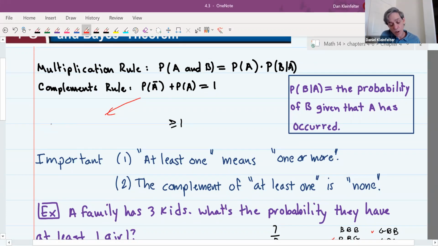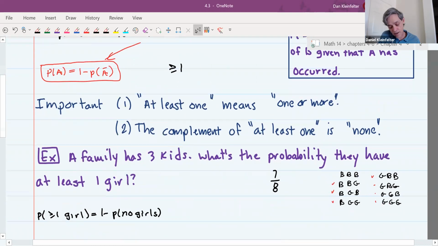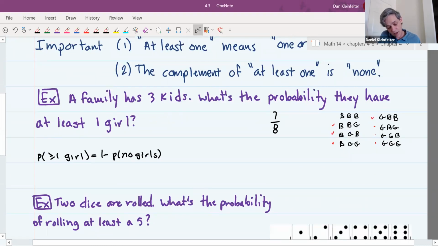So if you solve for P of A here, we're going to subtract P of A complement from both sides. So the probability of A is 1 minus the probability that A does not occur. That's what we're going to use right here.